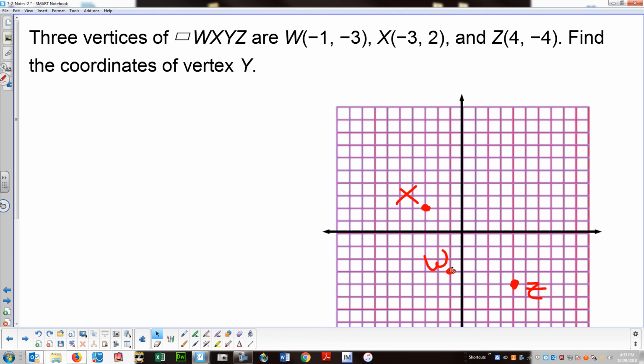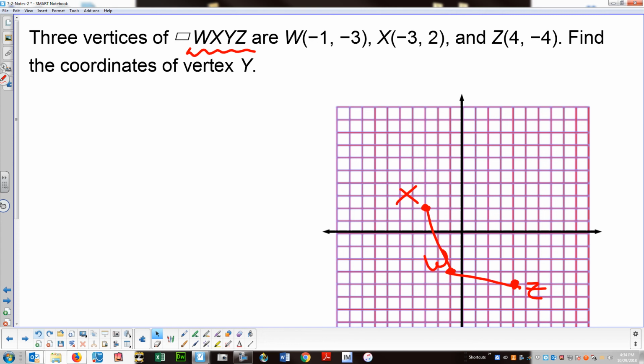And we have a parallelogram, WXYZ. So that means we go from W to X to Y somewhere to Z. Okay? The question is, where is that one point somewhere out here that will make this a parallelogram? See if you can find that, all right?